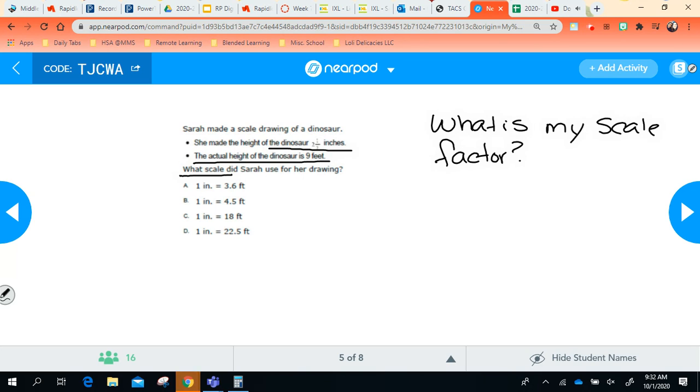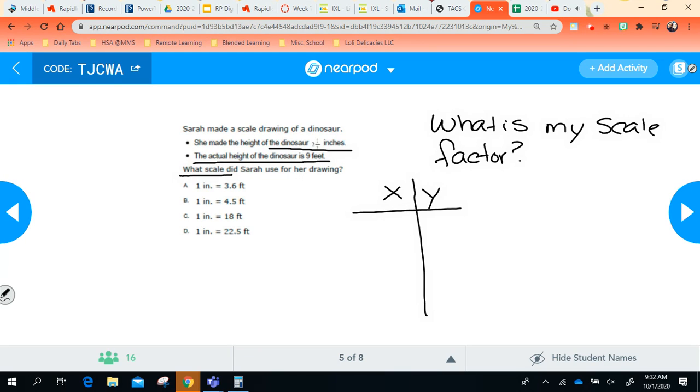So what's the first thing we do when we have a problem like this? Other than find our factor, what do I draw? I draw my table or my t-chart. So I'm going to do X and Y. What I like about this is I can use my answer choices to help me figure out what's going to be my X and what's going to be my Y. In my answer choices, it tells us 1 inch equals 3.6 feet, or whatever the answer choices are.